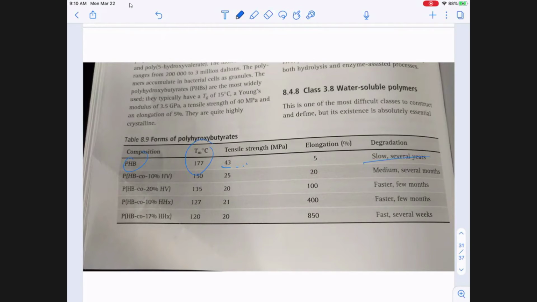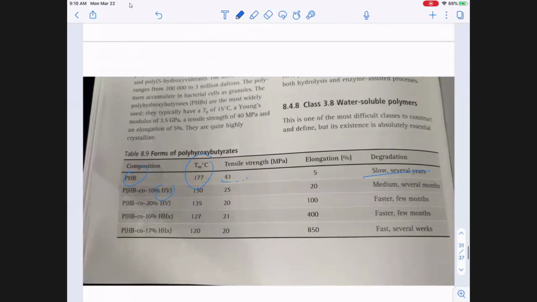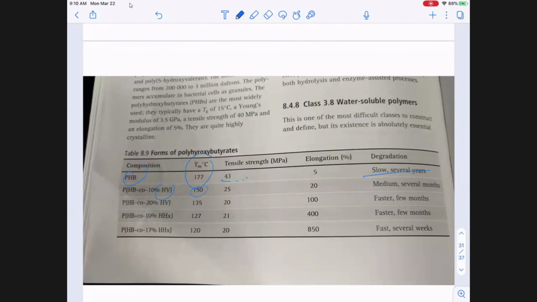Slow, a few more years, but if we put some 5-carbon PHV, we can decrease the melting point and elongation increases. We can increase HV more, so it becomes elastic. You see, elongation goes to 850.